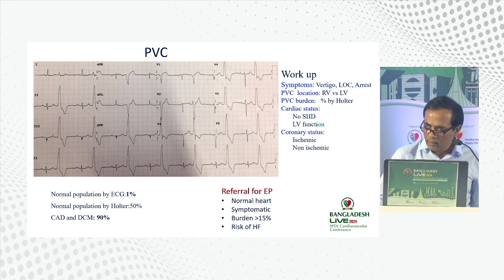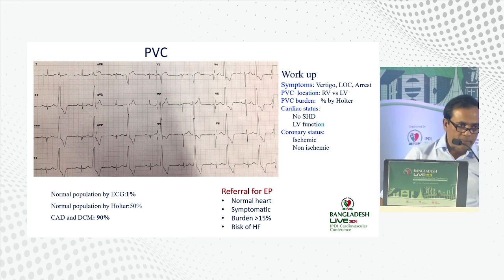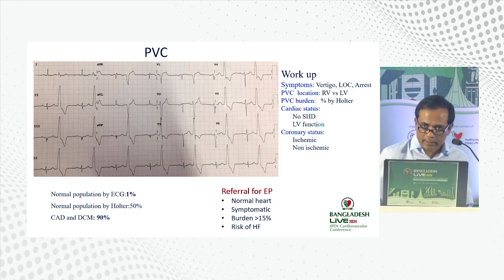So there is a significant burden, and a risk of heart failure if long-term PVC is present; the patient may significantly have heart failure. So these are the cases. Not all PVC cases should be referred for ablation. These are the situations in which the physician can send the patient for ablation.